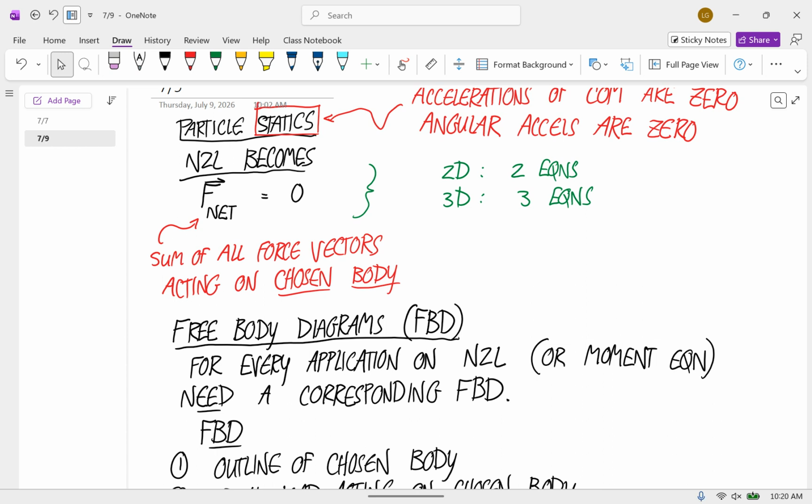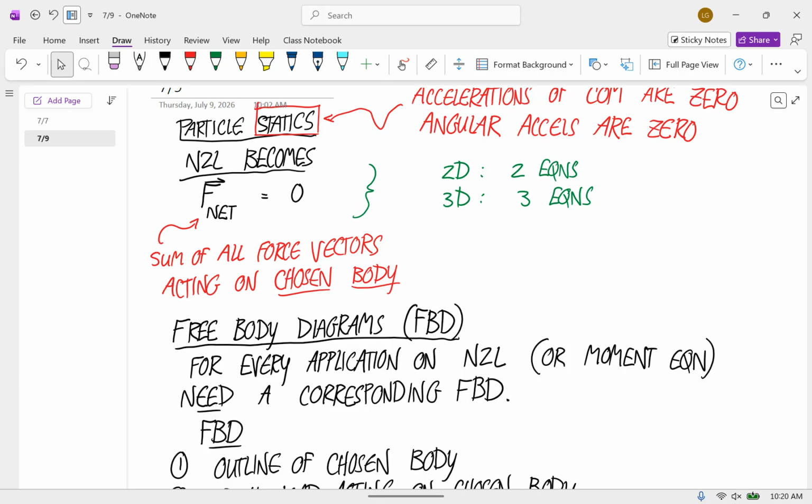Anyone remember what Newton's first law is? That's not the one that applies here, but what's Newton's first law? That's the one that says an object in motion stays in motion in a straight line with a constant speed, whatever the wording is, which basically is just a subset of Newton's second law. But what's Newton's third law? That's the one that matters here.